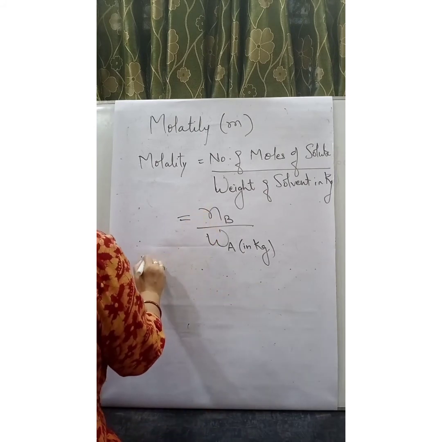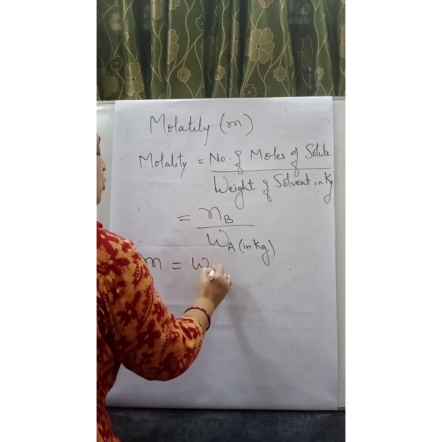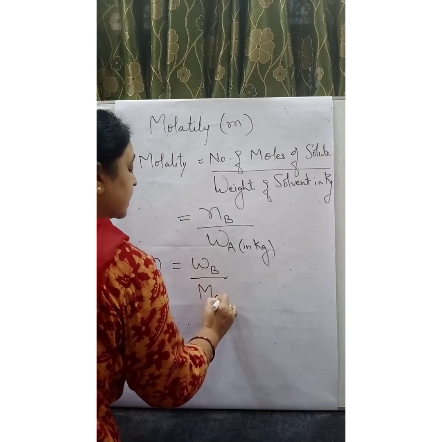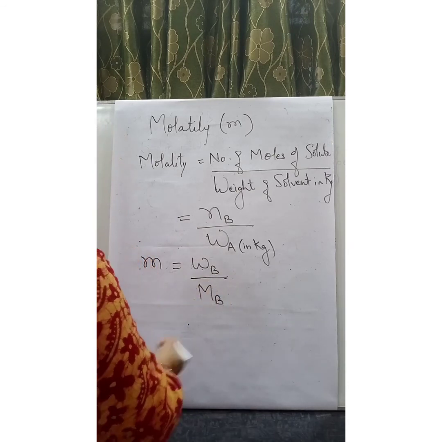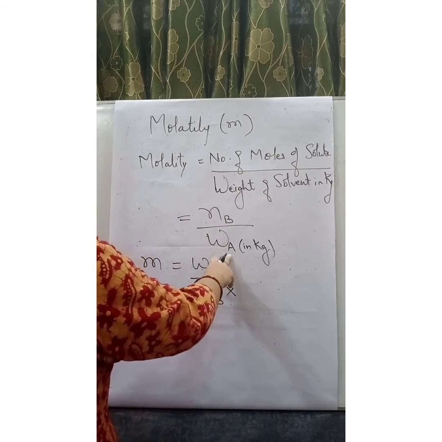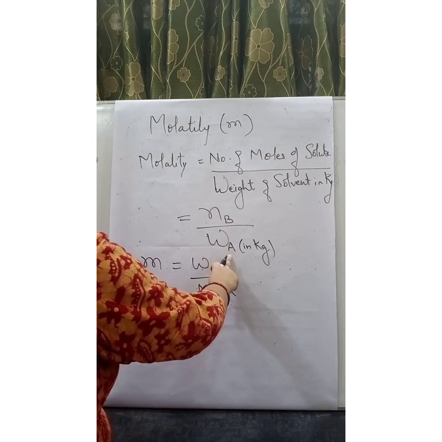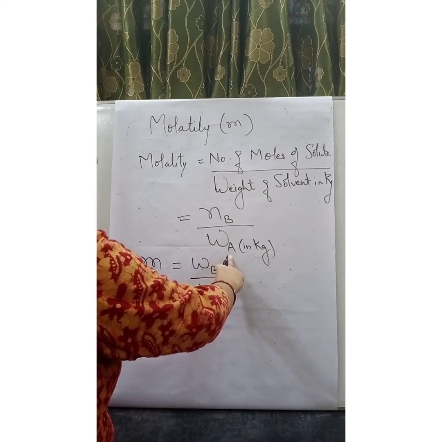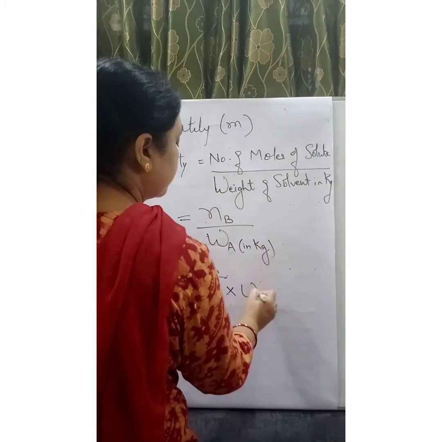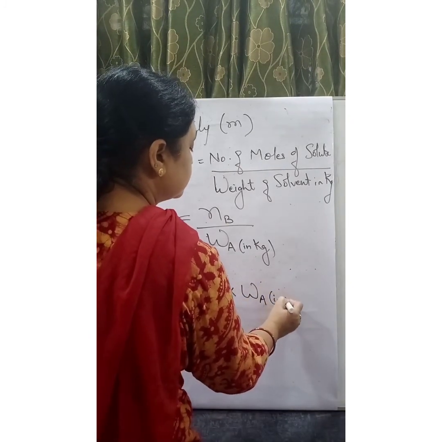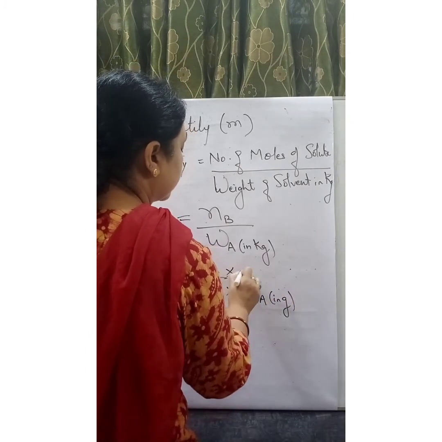Nb can be further expressed as Wb upon Mb, that is given mass upon molar mass. But in case the weight of solvent is given in gram, you have to convert it into kg. So if Wa is in grams, divide by 1000.